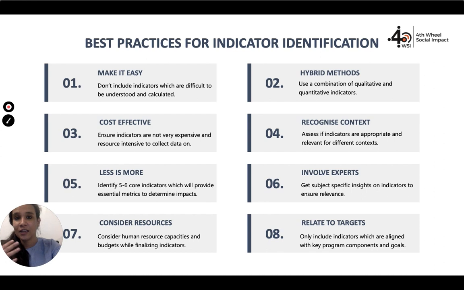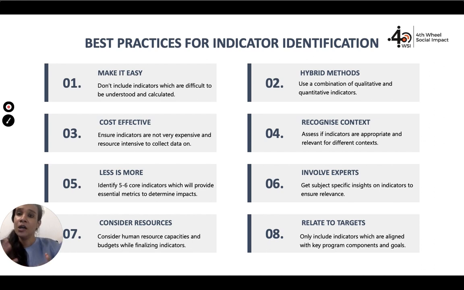If you start getting into indicator identification, a few best practices you should keep in mind are, number one, make it easy. Easy so that it can be understood across different stakeholders, and it's easy to calculate.